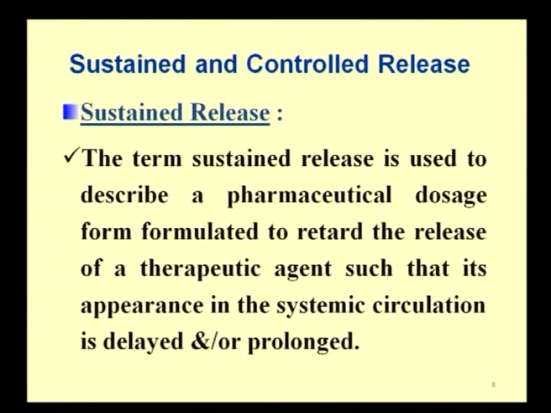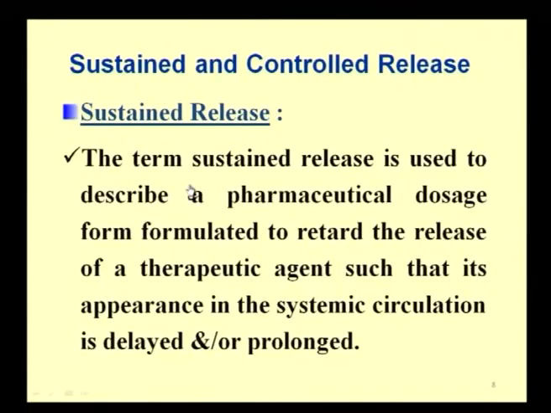Having seen targeted drug delivery, now let us differentiate between sustained release and controlled release. There is a small difference between sustainability and a controlled way of releasing the drug. First one is sustained release of the drug. The term sustained release is used to describe a pharmaceutical dosage form formulated to retard the release of a therapeutic agent such that its appearance in the systemic circulation is delayed and/or prolonged.